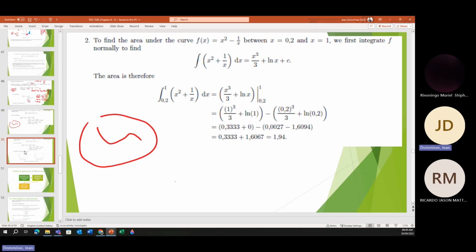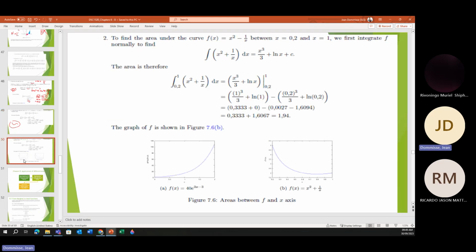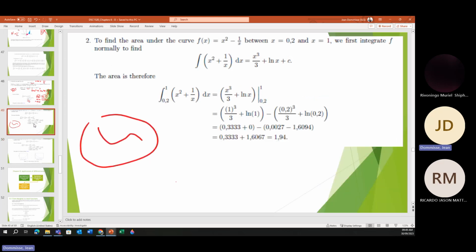Okay, so that was chapter 7, where we looked at integration. We looked at, there's a few rules with integration. I'm making a note so that I just share with you guys also my summary.